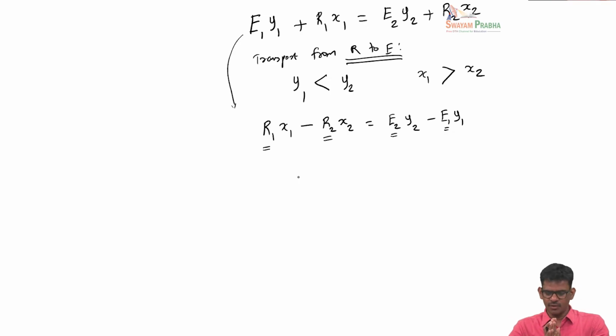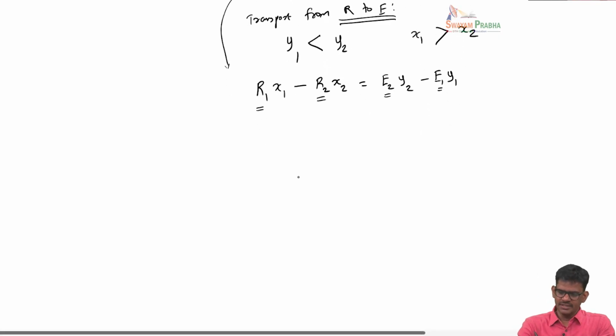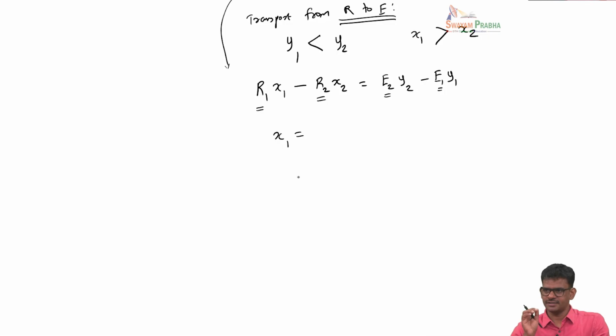Now this basically is a mass balance equation, but I want to do a little bit of manipulation of this equation, and the advantage of this will become evident as we go along. So what is X1? X1 is the mole fraction of solute A at the entry point in the R phase, right?